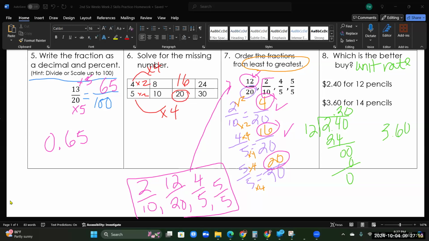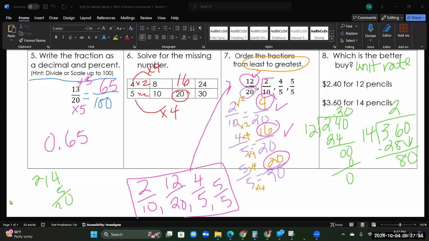Then we've got the $3.60 being divided by 14. 14 times 2 is 28. Subtract that, we get 8 and a 0. That's possibly 5. Let's see.